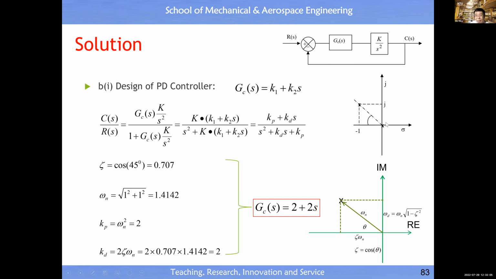Omega n is this distance, so it is equal to the square root of 1 square plus 1 square. We also know what zeta is. Zeta is equal to cosine 45 degrees. You see, you know already. Once you choose the desired root, immediately you know zeta and omega n. Then Kp is omega n square. Kd is 2 zeta omega n. All right.